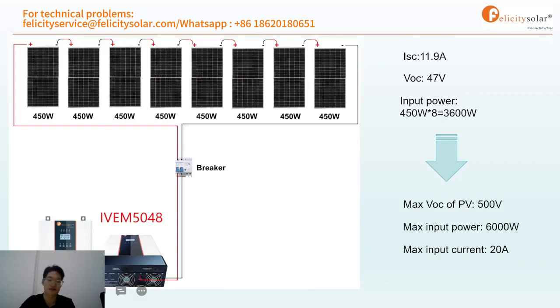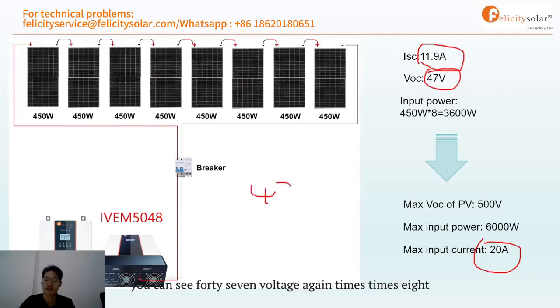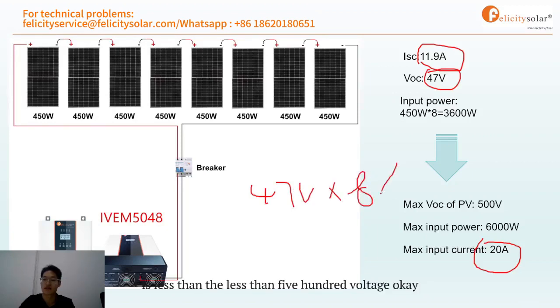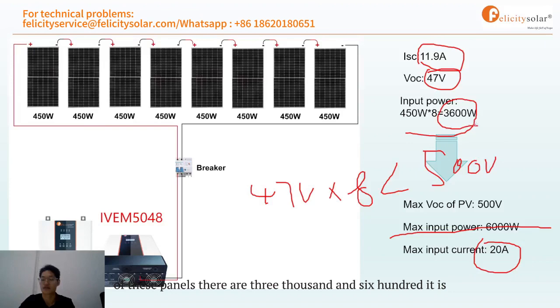So you can see that this ISC is smaller than 20. This voltage, the 47 volts times 8, is less than 500 volts. And the maximum input power of these panels, 3,600, is less than 6,000.